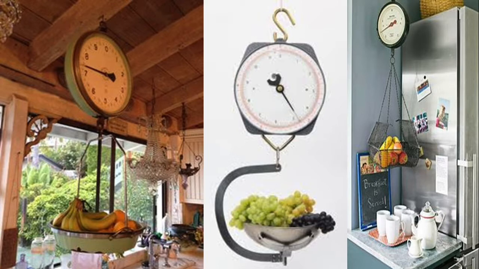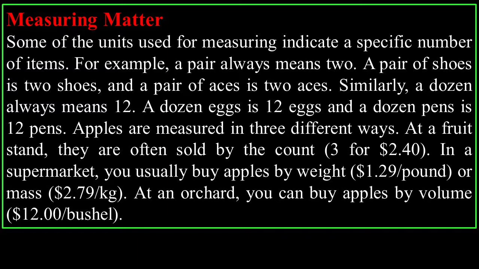The grocer's scale will measure matter by weight. Now, in the United States, we use pounds. In England, you can use pounds or stones, depending on what it is you're weighing. A person in England is weighed in stones.